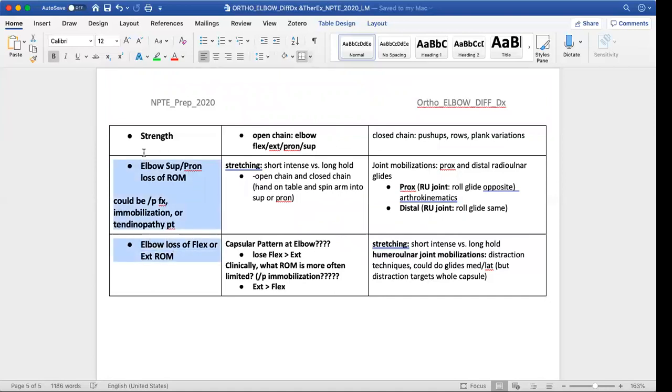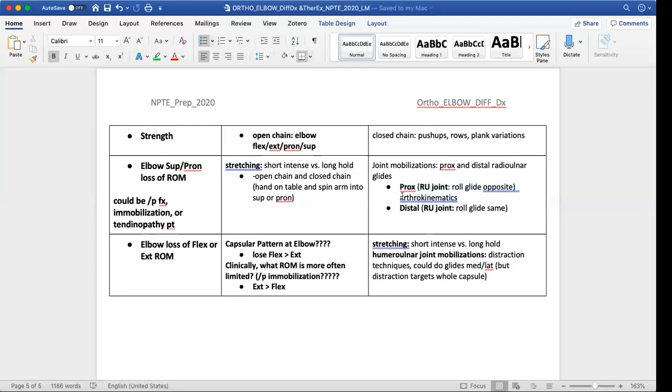If you're losing supination, pronation, as I mentioned above, the main contributor in terms of joints are going to be our proximal and distal radial ulnar joints. And remembering the arthrokinematics of those joints are different because of the joint surfaces. So if you're treating with joint mobilizations, just remember your arthrokinematics of those joints to help guide your choice of treatment.